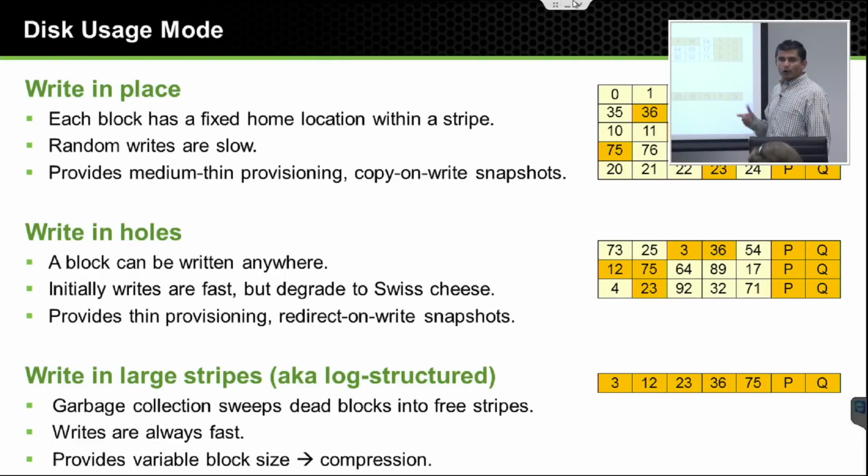And this works well initially when the entire system is free, all of the space is free, because then the system can serialize all the writes regardless of their logical addresses into these physical stripes on disk. But over time, free space gets fragmented into smaller and smaller holes, and the system is forced to write into these holes, and thereby, it falls back to doing random writes.